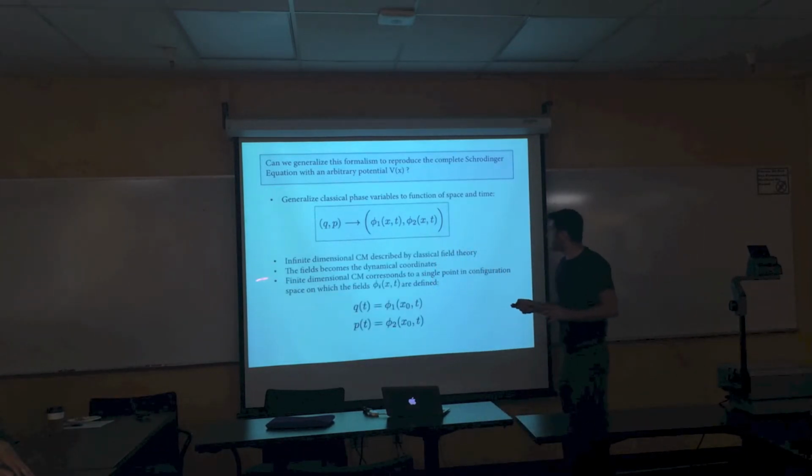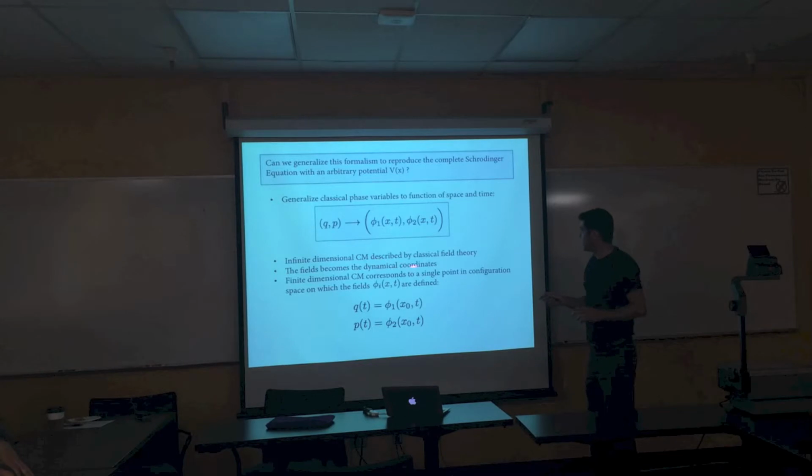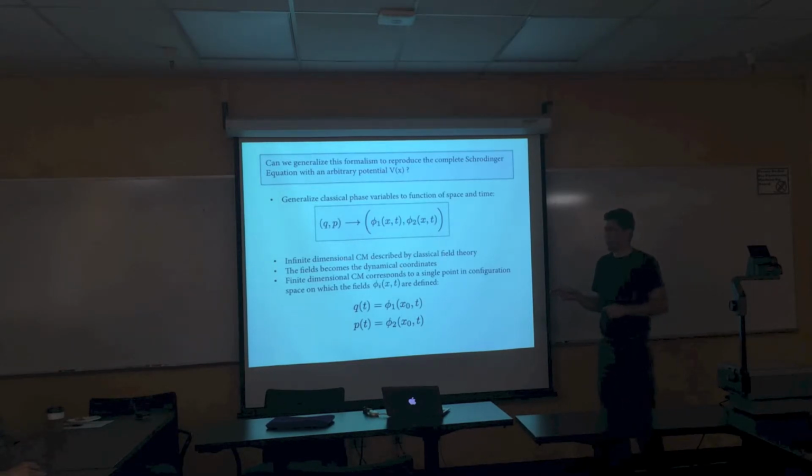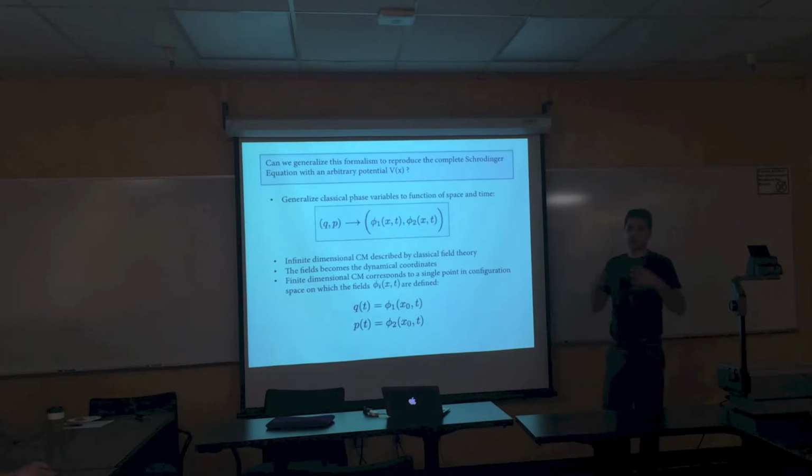So now we have infinite dimensional classical mechanics described by classical field theory. And these fields now themselves become the dynamical coordinates. But that's not something strange because, for example, in classical electromagnetism, the vector potential and its derivatives can become the dynamical coordinates in the Lagrangian.